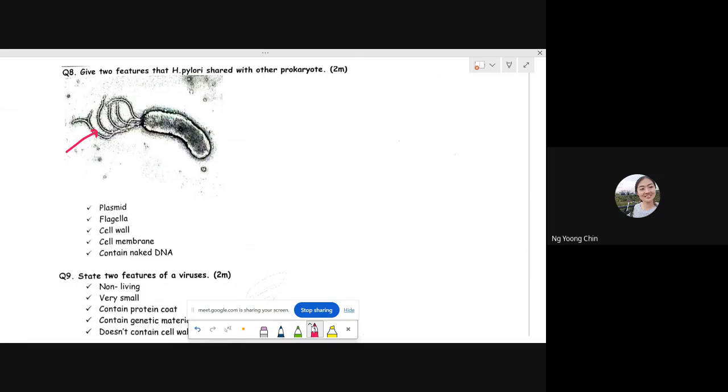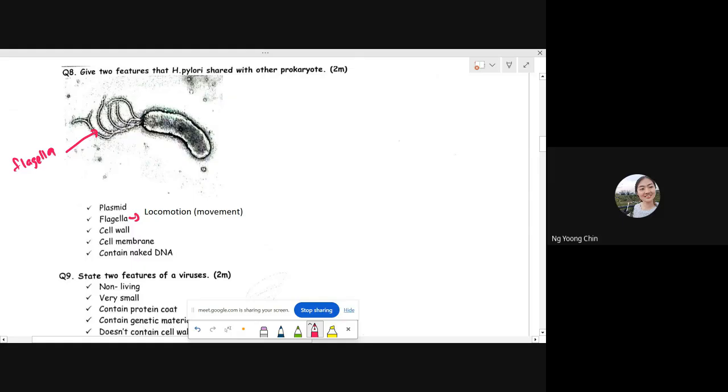So they help in the motility of the prokaryote. So the prokaryotic cell is able to move by using the flagella. Okay, so it is called a locomotion organelle. Locomotion means movement. So this is a flagella.